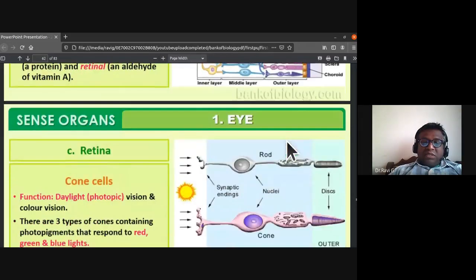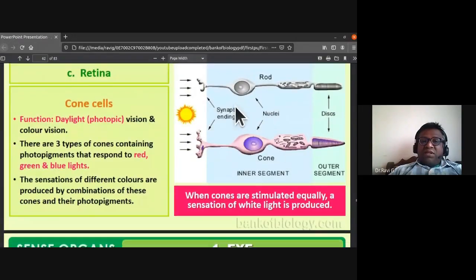So the cone cells, their function is daylight vision and color vision.